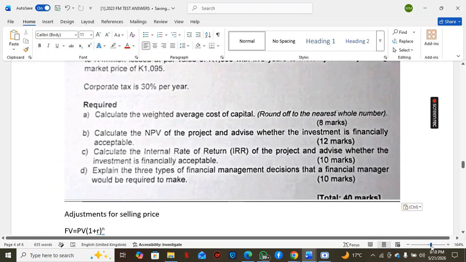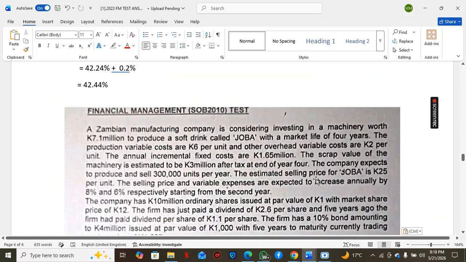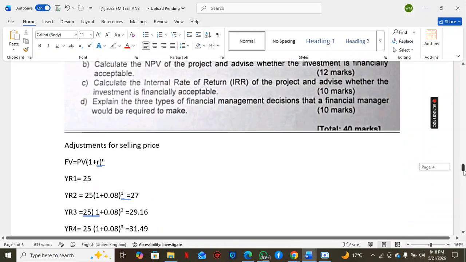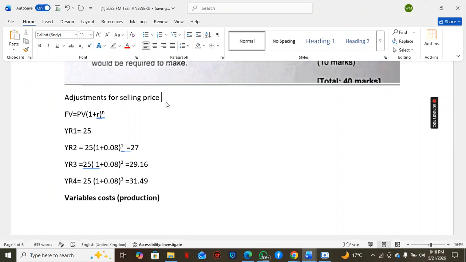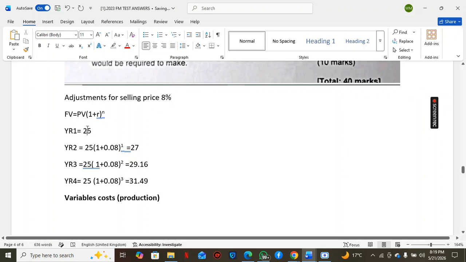So you're just going to say in year two, this 25 kwacha, the selling price is increasing by what percentage? 8%. So starting from year two, it's increasing by 8%. In year one, the selling price is 25 kwacha. In year two, this selling price is going to increase by 8%.